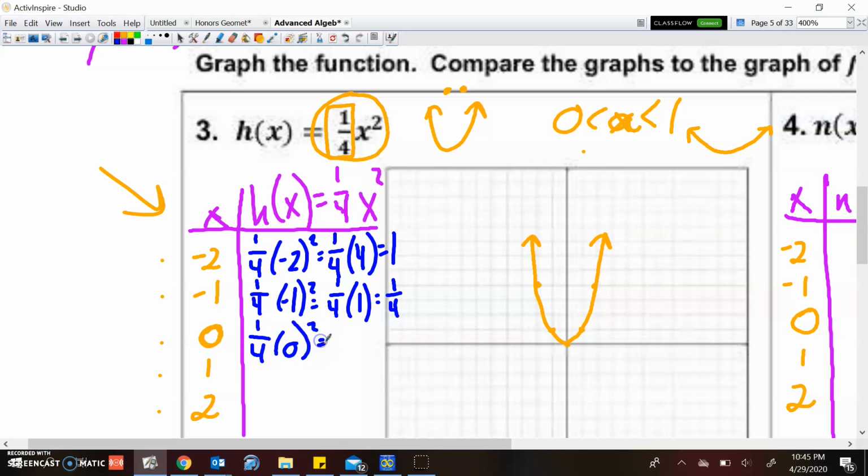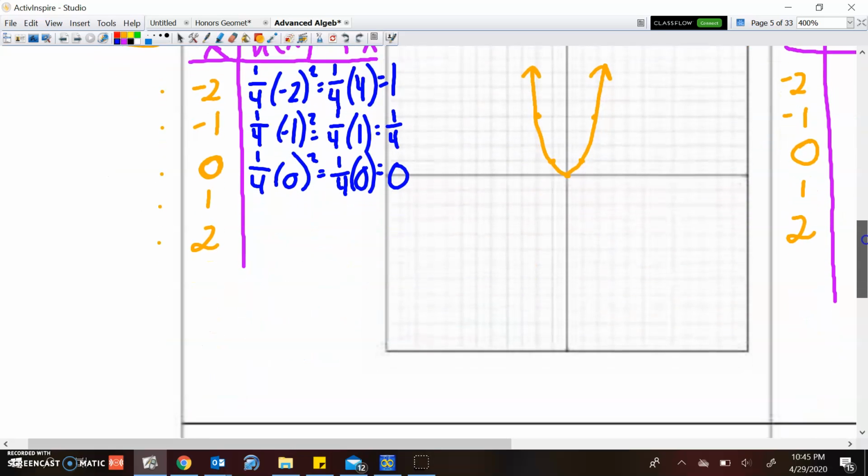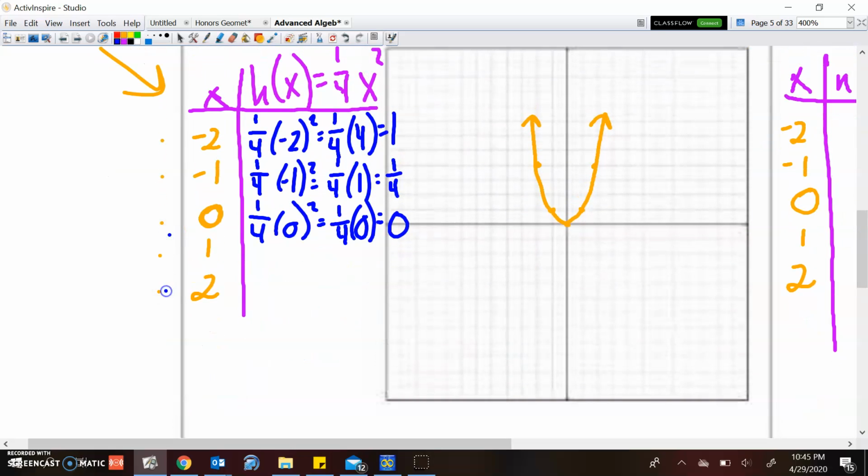The question that I always get in class is, once you get 0, you don't have to spell that out in detail like I did. Once you get these, do you have to go ahead and do 1 and 2, or can I just say that this is going to be 1/4 and that's going to be 1? My only caution would be, you can jump and just say the final answer, but if you messed up here, you're going to end up messing up down here.